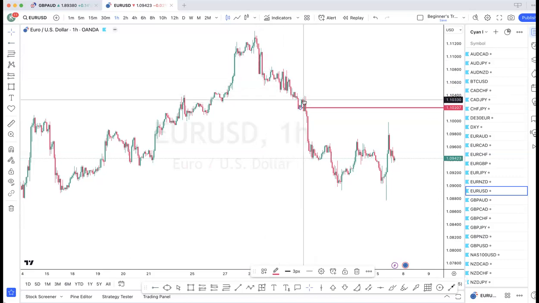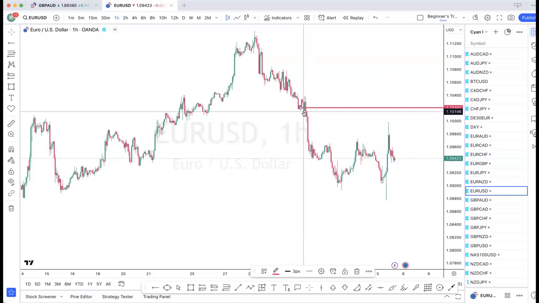And it hasn't broken any structure. It hadn't broken any of these highs. Even here, this push down, it pulled back, didn't break this high. From the Tuesday open, what gave you the bias for the sell?